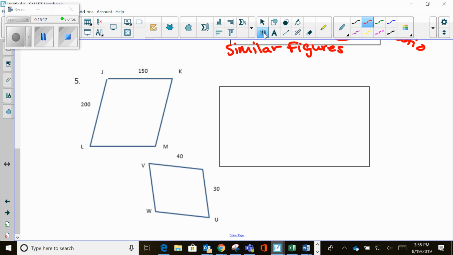Okay, for our last example, we're going to do the same thing. This time we just have a parallelogram, and we need to set up our ratio for the larger parallelogram to the smaller parallelogram. Make sure you set it up in the same manner. So we are going to set this up with the smaller side divided by the bigger side. So the smaller side is 150 because it's a smaller number, divided by the larger side, which is 200.